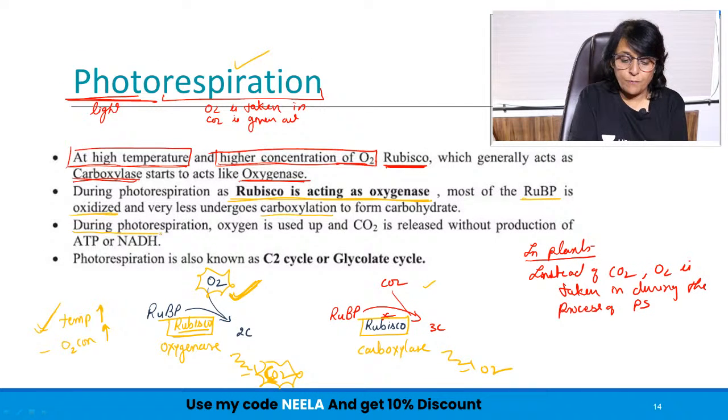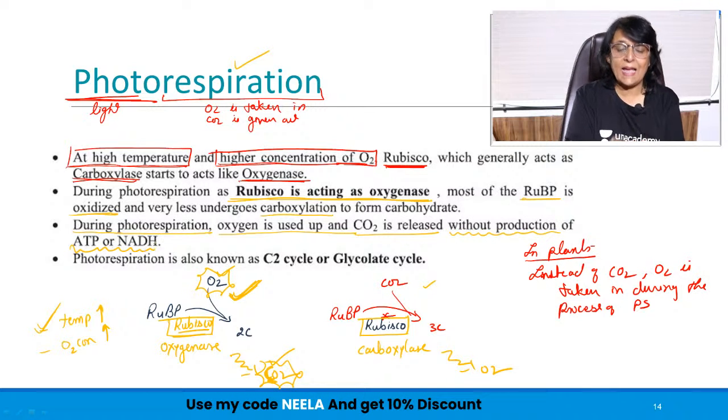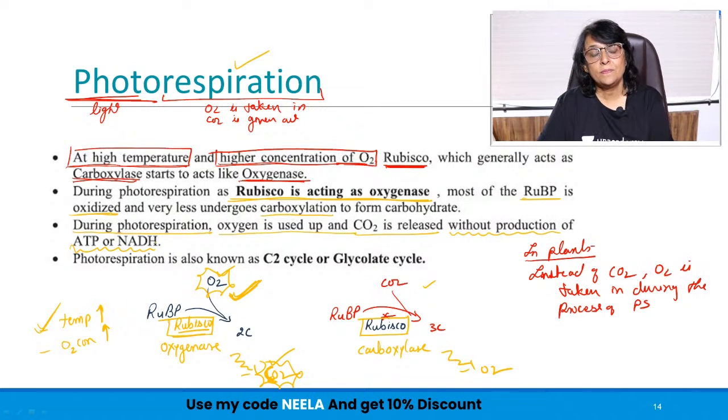Now, during photorespiration, oxygen is used up. This is what we have seen. Carbon dioxide is released, which we have also seen, without production of ATP and NADPH. So there are basically three damages, or three negatives.